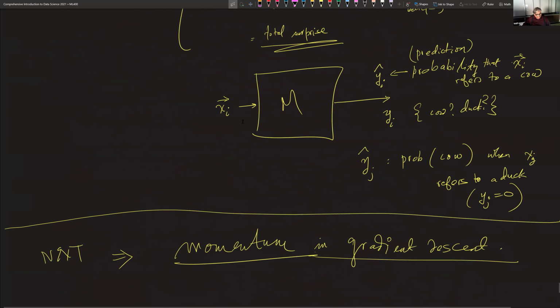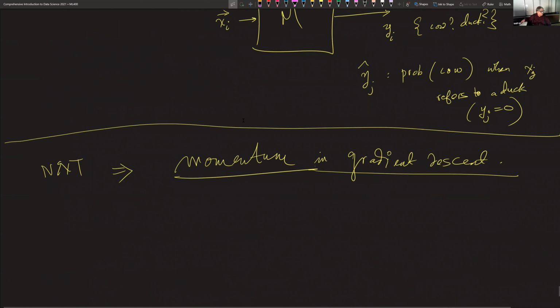Now to the new topic of momentum in gradient descent. So let us recap the equation of gradient descent.